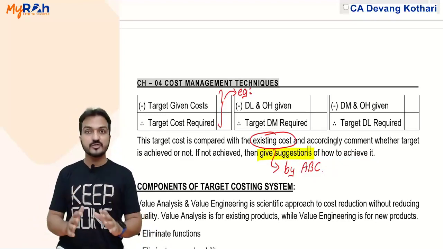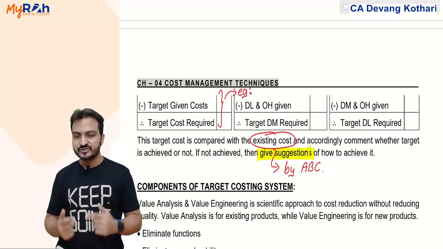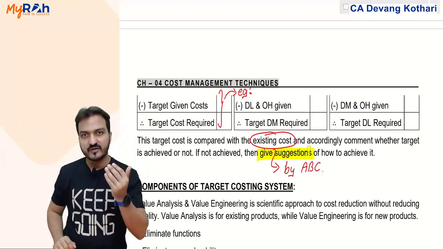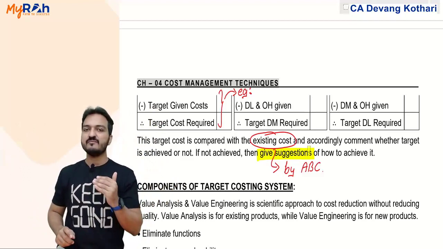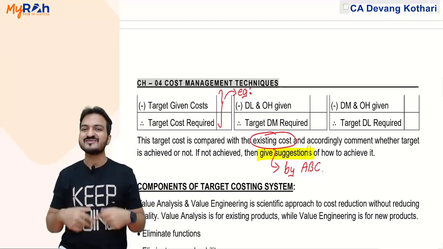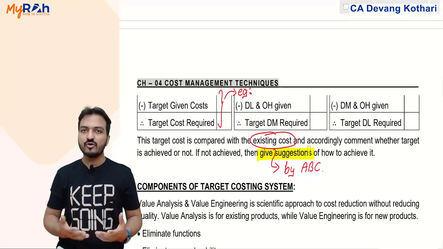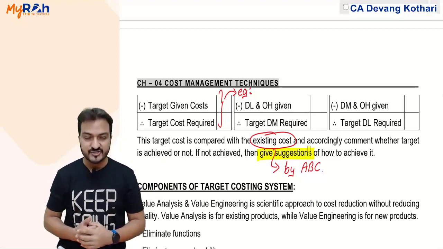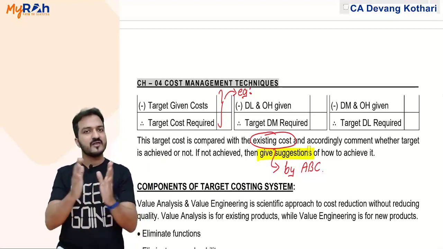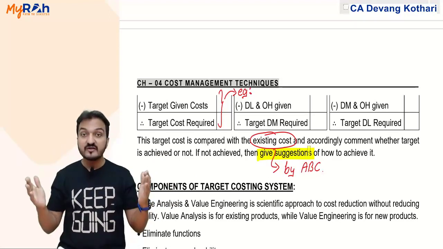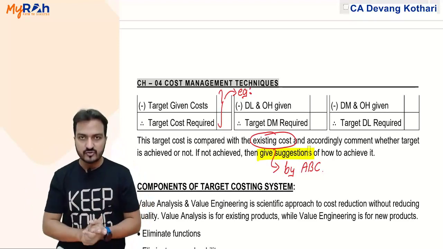Yes, do some homework and draft your own suggestions: in which areas can the company implement cost reduction, which cost can be reduced, how it can be reduced. Give your own analysis, give your own suggestions in that. I cannot give you general notes for any such suggestions because that will depend on a case to case basis. So you read the question and think for yourself in which areas they need to reduce the cost.